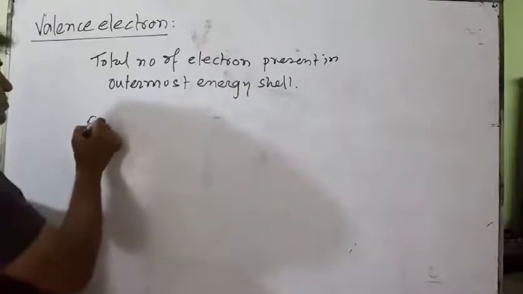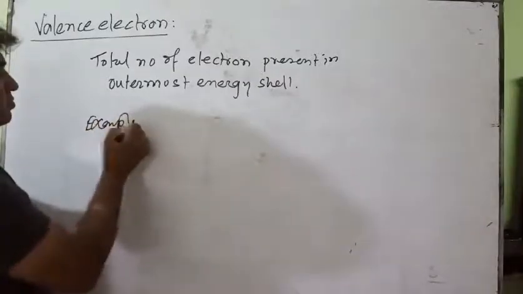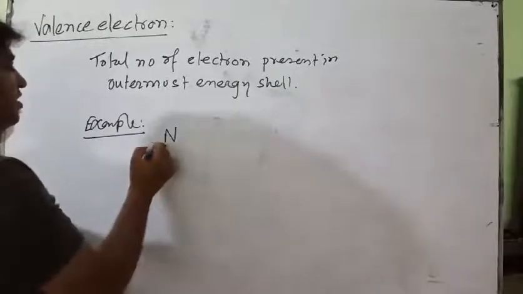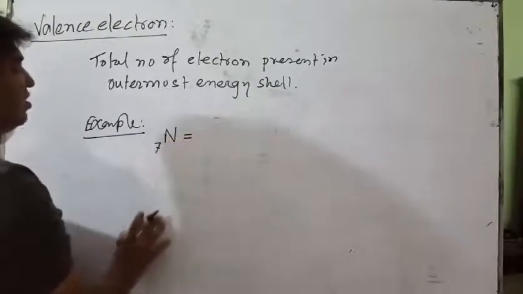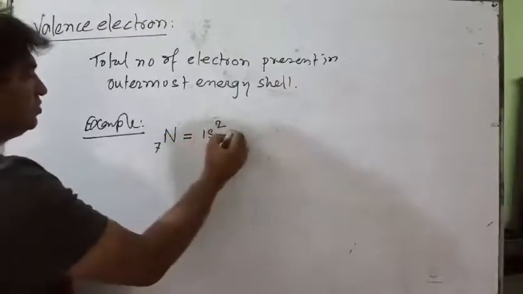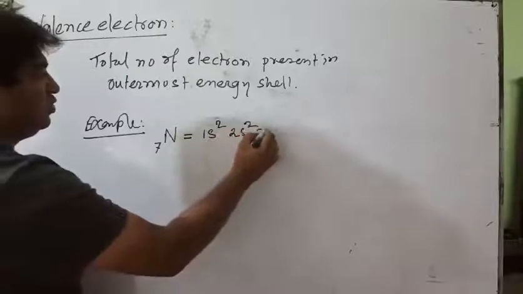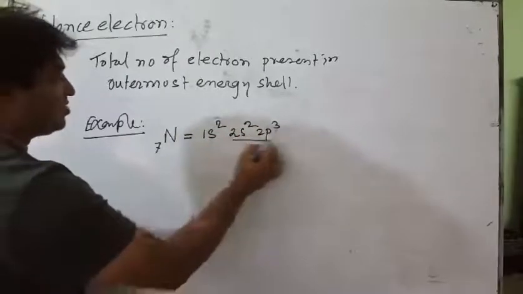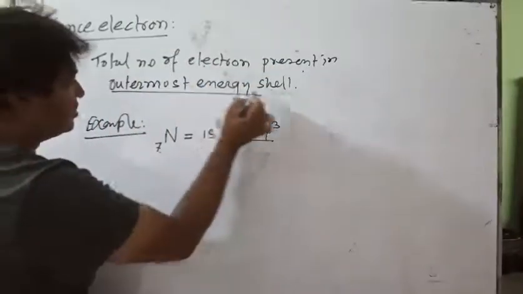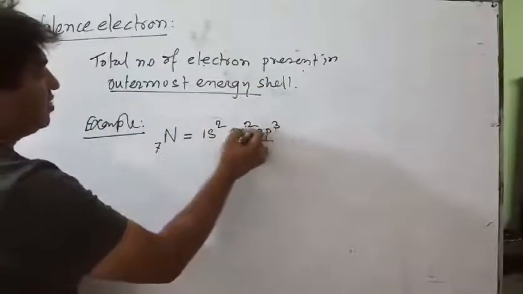Example, nitrogen: atomic number is 7, so the electrons are 7 in the neutral state. The electronic configuration is 1s2, 2s2, 2p3. This is the last shell. So the total number of electrons present in the outermost energy shell is 2 plus 3, which is 5.